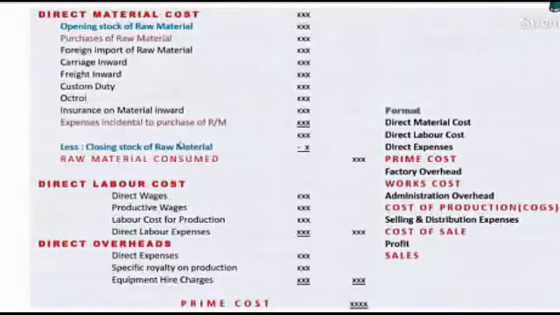Whatever rental charges we pay, all those are called direct overheads. When we take a total of this, we get direct overheads. So direct material cost plus direct labor cost plus direct overheads, the ultimate total we are getting is called prime cost. Once again, I will repeat one line: the total of all direct expenses incurred in a factory is called prime cost.